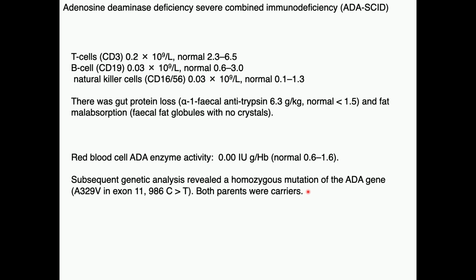They were heterozygotes. This is a cytosine to thymine mutation. So this is A to V, alanine to valine.